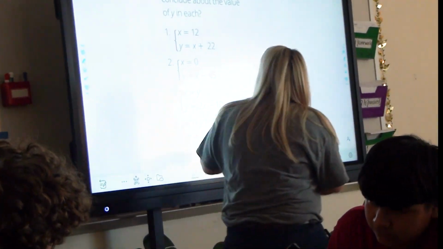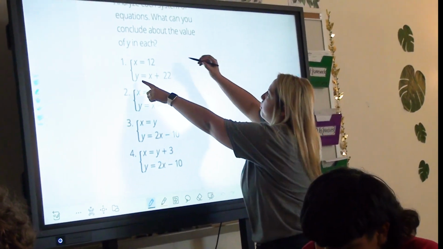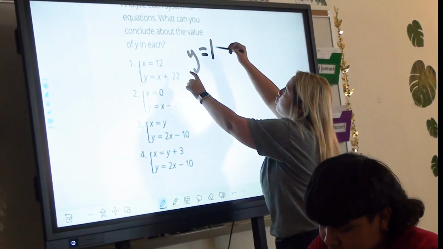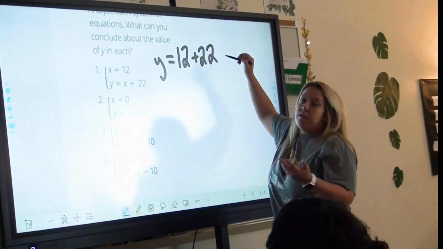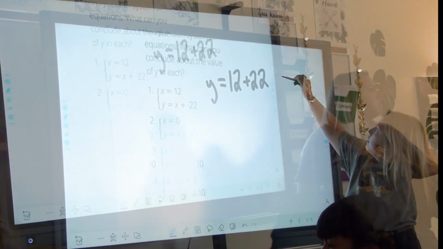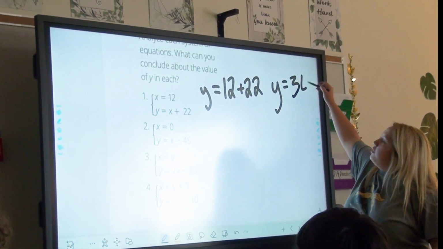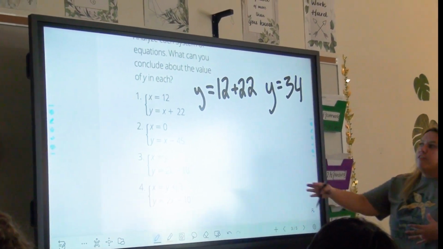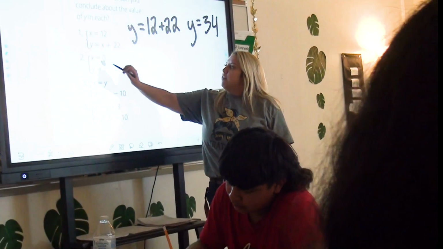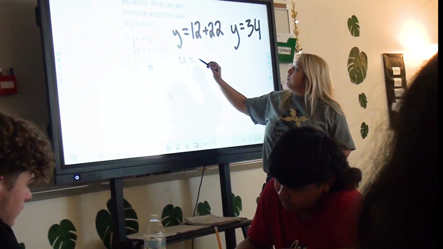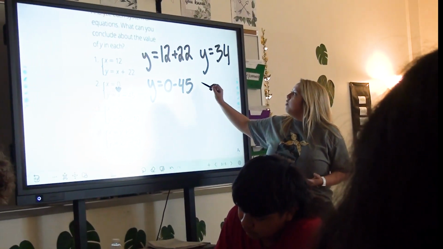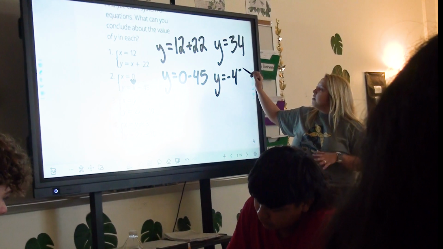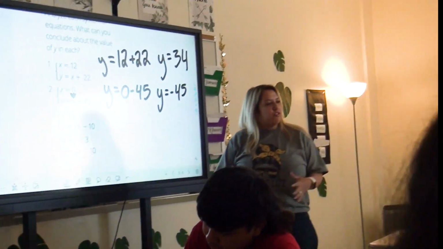So, instead of x being x, I replaced it: y equals 12 plus 22. Did y'all get the same thing? Excellent. For the second one, we substitute again 0. So y equals 0 minus 45, which equals -45.